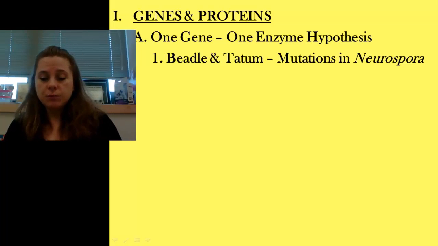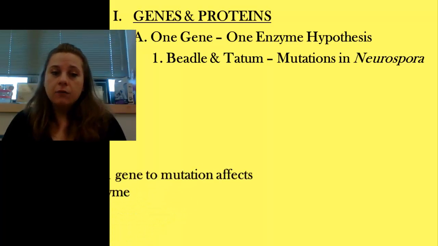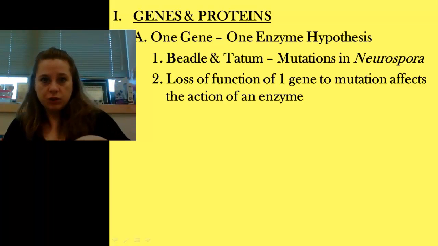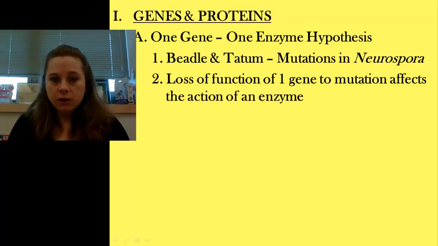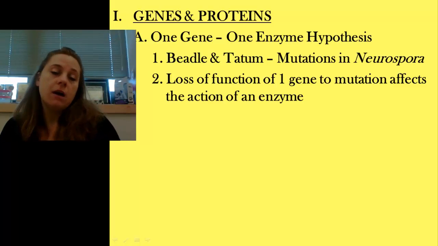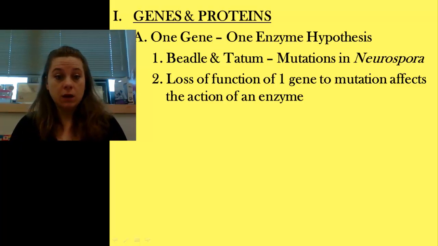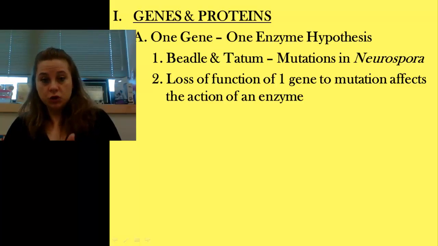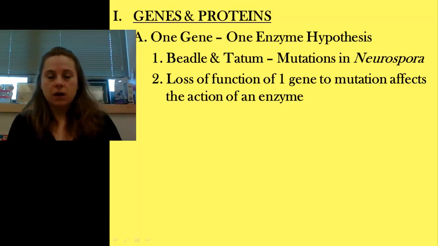What they did was they took the bread mold and they basically blasted them with some x-rays and found that as a result of these mutations to this particular gene, the Neurospora lost its ability for one enzyme, which was to break down part of food for metabolism. And it lost its ability for this enzyme to work. So they showed that there was this gene, and if they mutated the gene with x-rays, it caused this effect on the other end, which was a non-working enzyme.